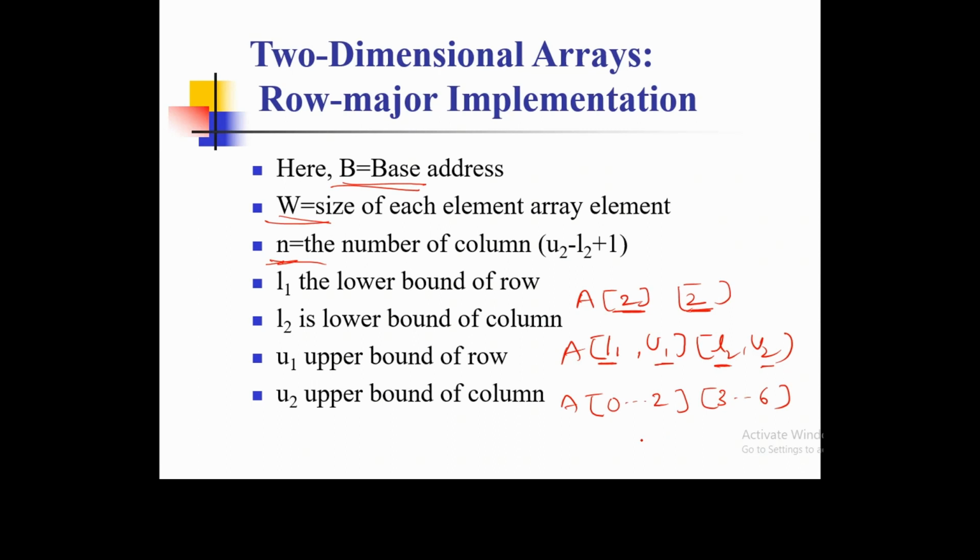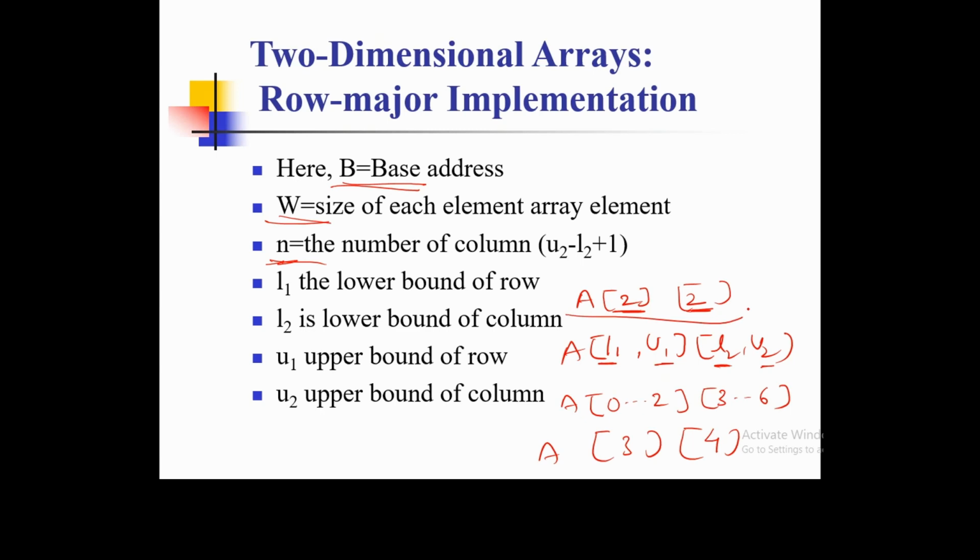To find the number of rows and columns, the formula is the same: upper bound minus lower bound plus 1. 2 minus 0 plus 1 gives 3 elements: 0, 1, 2. In the same way, 6 minus 3 plus 1 is 4: 3, 4, 5, 6. So it will be an array of 3 rows and 4 columns, a 3 by 4 table or matrix.